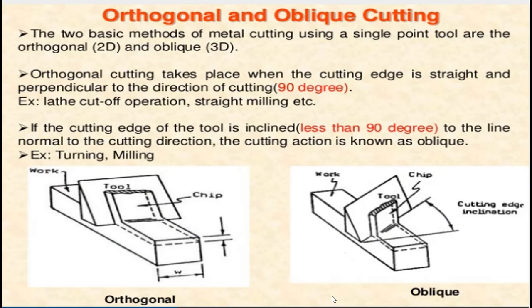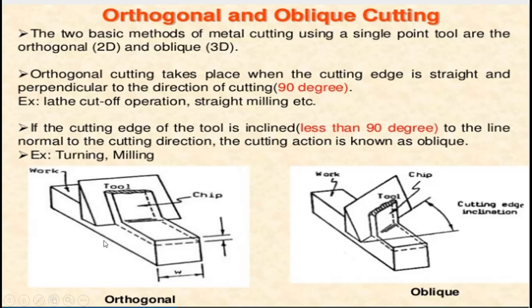In order to carry out any operation, the cutting tool can be arranged in two ways, that is orthogonal cutting and oblique cutting. Orthogonal cutting takes place when the cutting edge is straight and perpendicular to the direction of cutting.